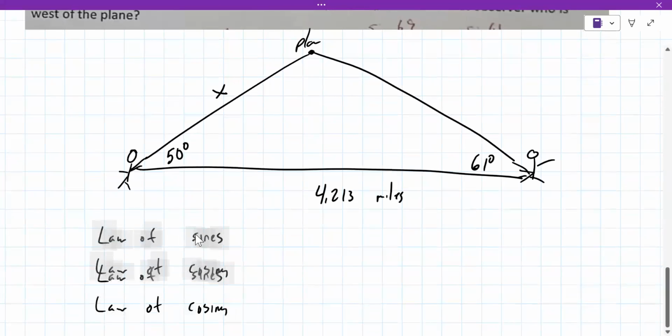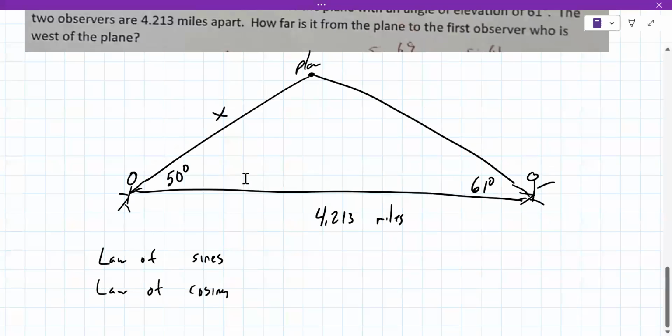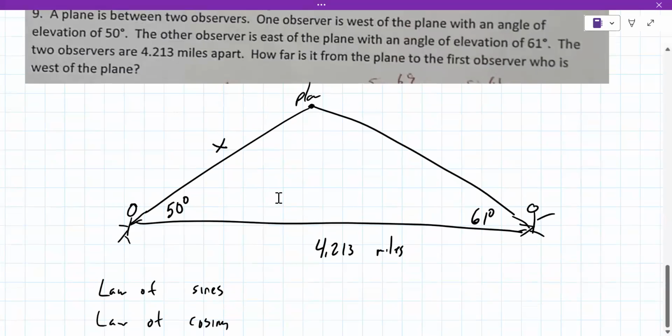Yeah, if you're referring to the answer, it's law of sines, but let's talk about why. To use law of sines, you have to have an angle and a side across from the angle.